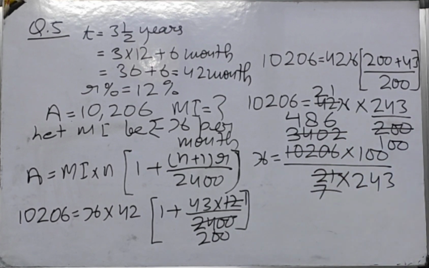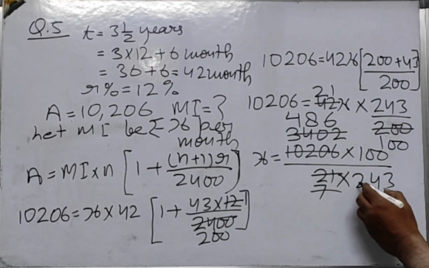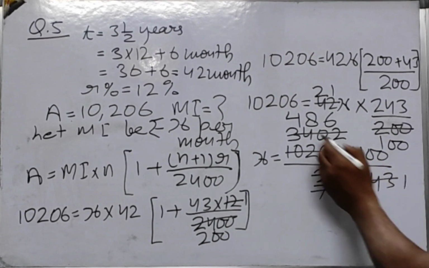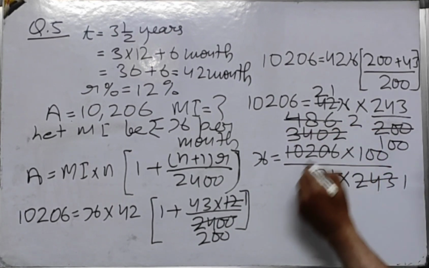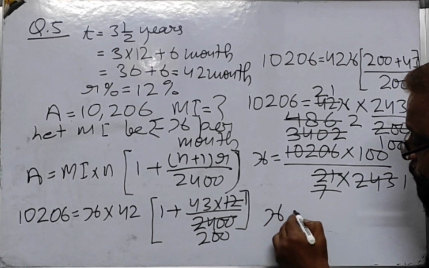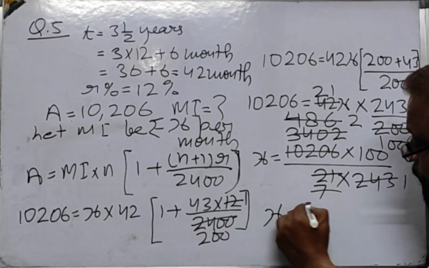Get it? Now 243 twos are 486. So x is equal to rupees 200.